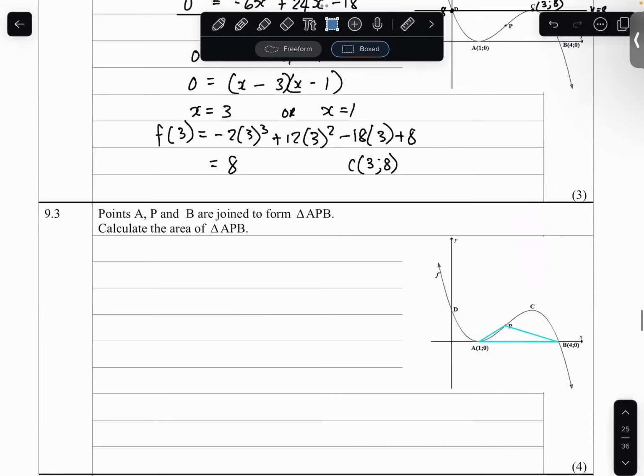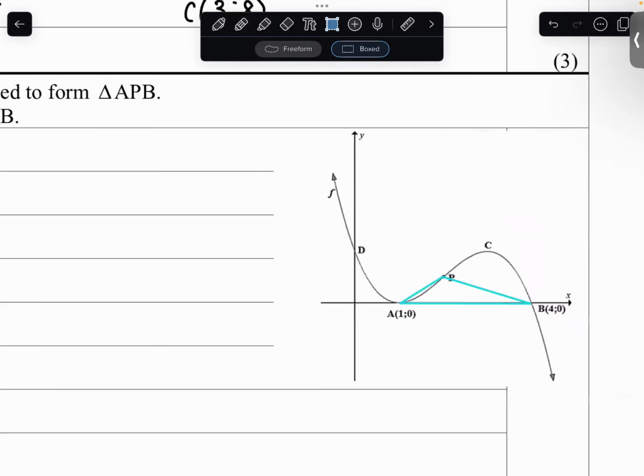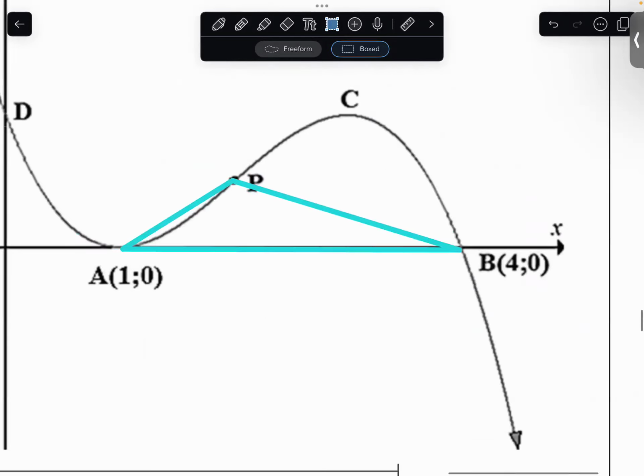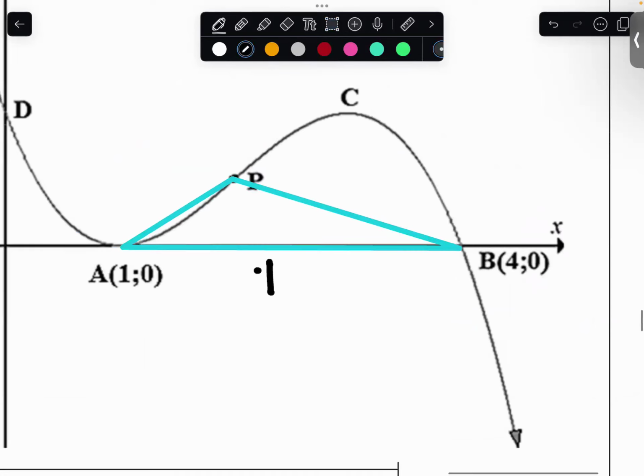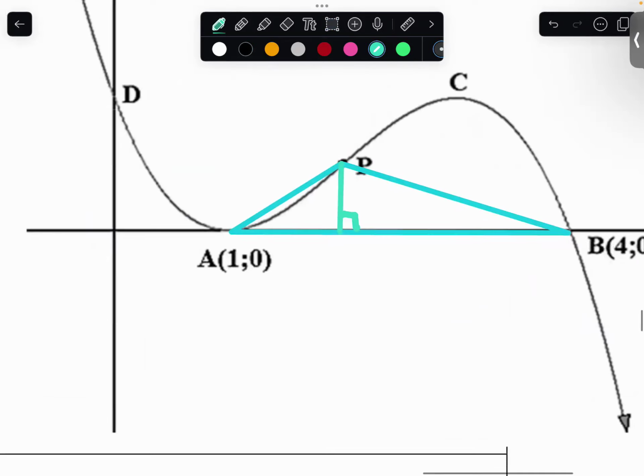Then it says, calculate the area of triangle APB. Right, I know that this is a straight horizontal line. The easiest way for me to do this is to construct a perpendicular, i.e. this line. Because then I can calculate the area by saying a half base times perpendicular height.